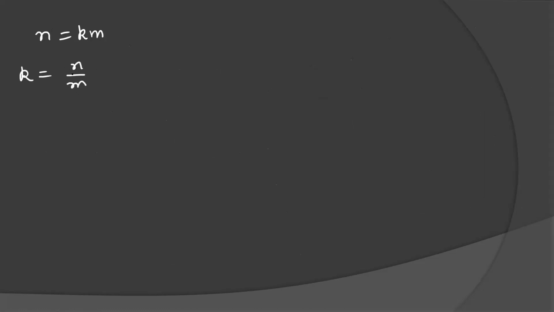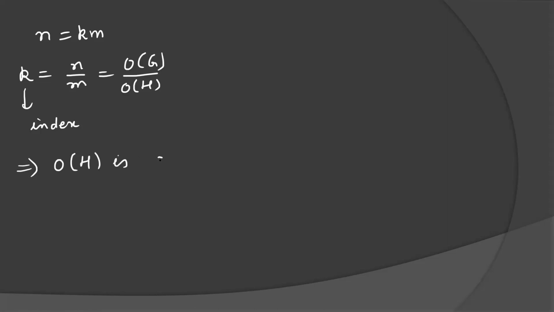So the order of the group is divided by the order of the subgroup, and k is called here the index. It will be some positive natural number, 5, 6, 7. This implies that the order of H is a divisor of the order of the group. So this is our proof of the result.